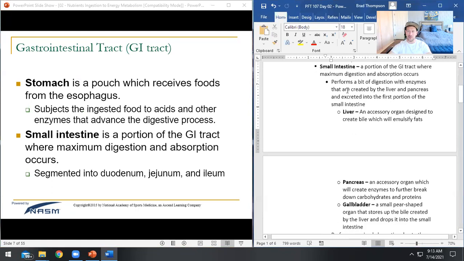And then that chyme is going to move its way into your small intestine. This is the portion of your GI tract where digestion and absorption really occur. There's a little bit more digestion that occurs here, for instance, fats are getting broken down in your small intestine. Your stomach acid doesn't do a great job on fats. Does a really good job on proteins.